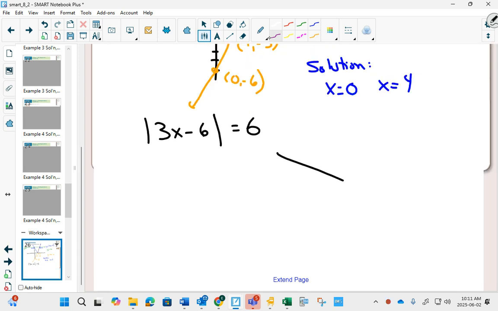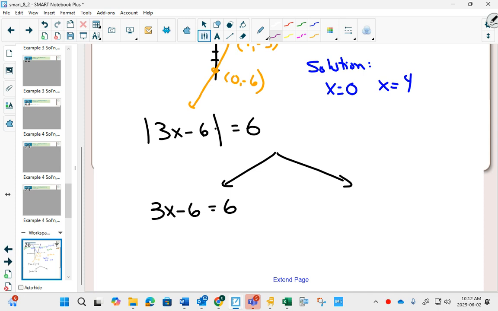There's two possibilities that could have happened here. Does it make sense that if the inside of this, the 3x minus 6, if that's equal to 6, does the absolute value matter? No. If the inside is equal to 6, then you'd have no problem solving.